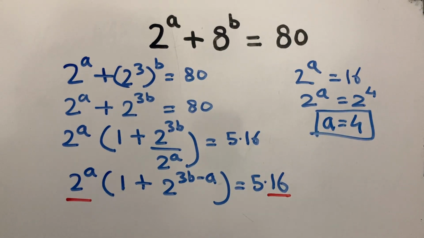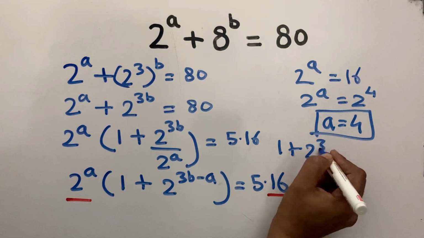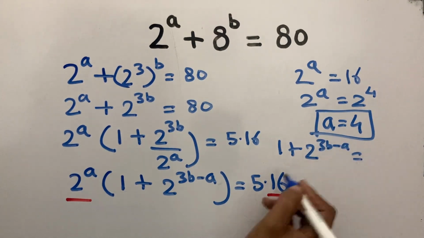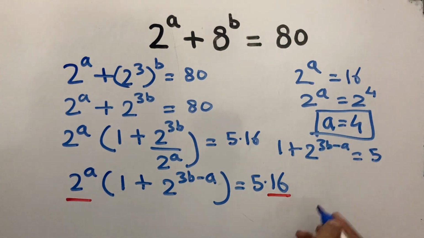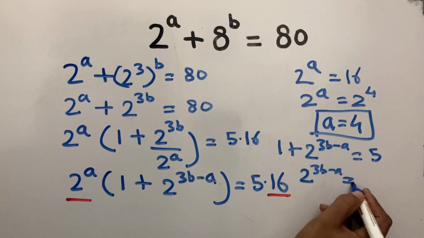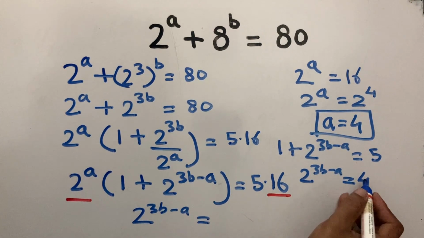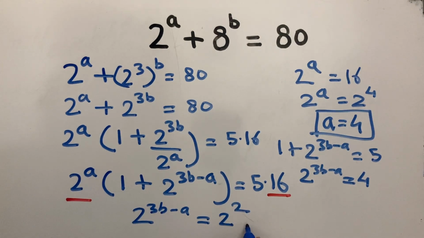And from here, 1 + 2^(3b - a) = 5, or 2^(3b - a) = 4, and 2^(3b - a) = 2^2, or 3b - a = 2, and a = 4.